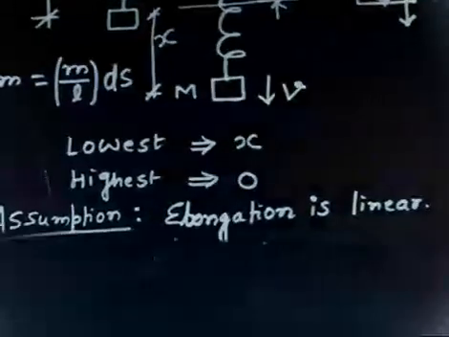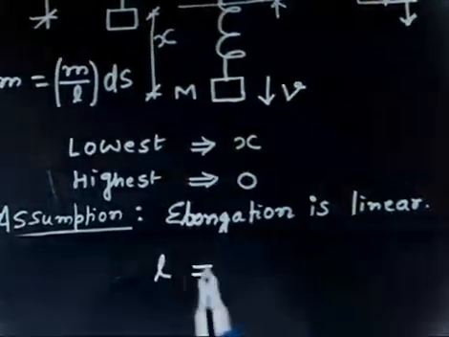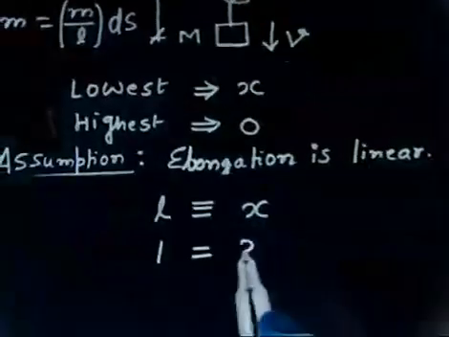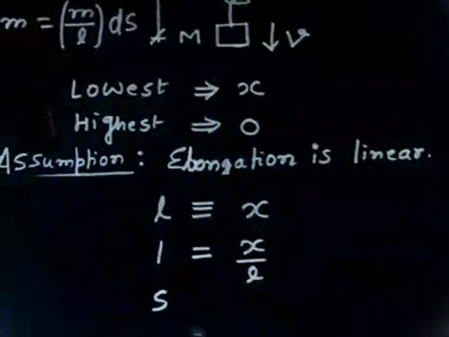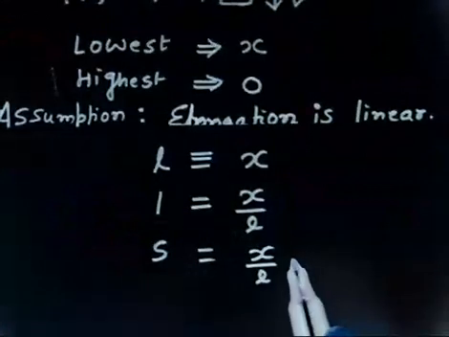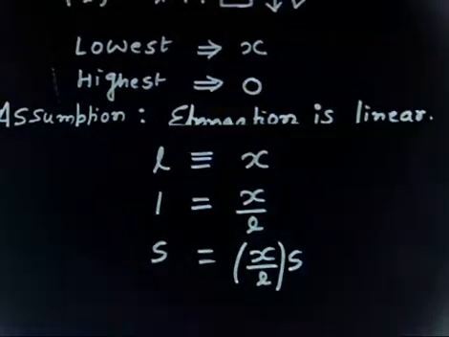If I have length L, the elongation is x. If I have length 1, the elongation is x by L. If I have length S, the elongation will be x by L into S. Are you getting? So this is the elongation of the spring at a distance S.